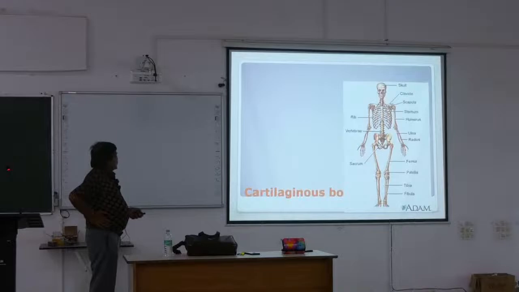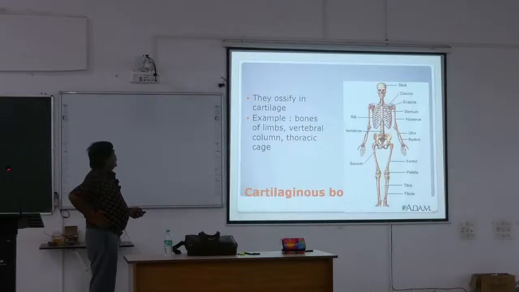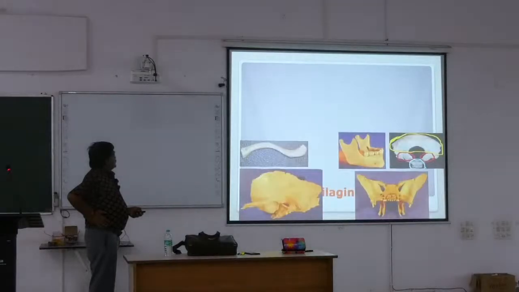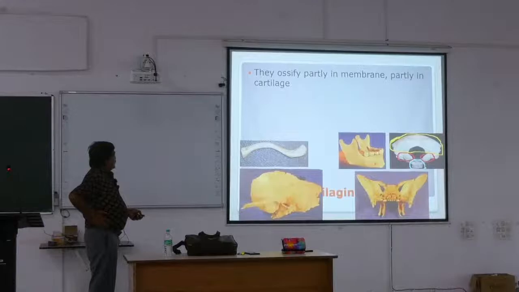And cartilaginous bones ossify in cartilage: bones of limbs, vertebral column and thoracic cage. Some bones ossify partly in membrane, partly in cartilage. These are the clavicle, mandible, the occipital, sphenoid and the temporal.